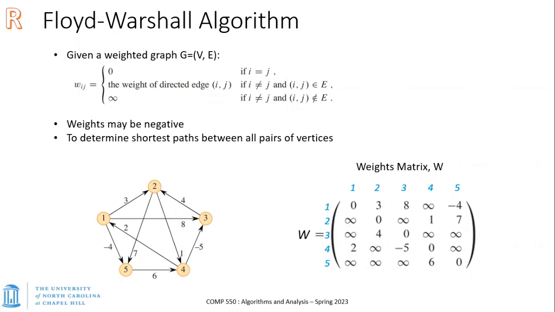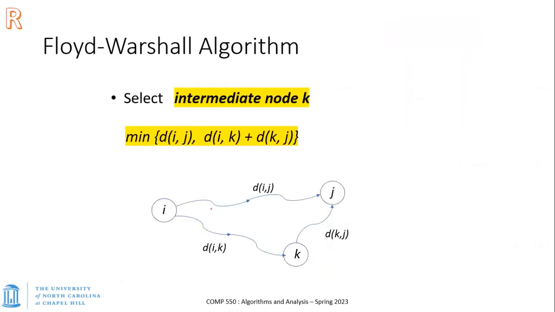Just to review what we did in Floyd-Warshall: we assume that we have estimates of the shortest path weights from i to j, and we see if we can improve those estimates by going through all other vertices k.